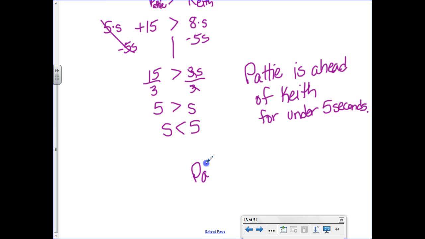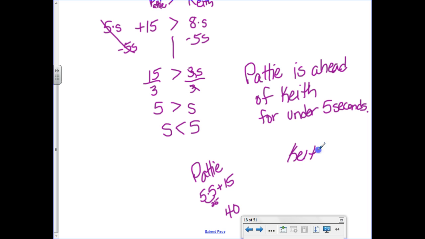Remember what Patty's rate was? Patty was 5 times the seconds. Let's put 5 seconds in, and then she had that 15-foot head start. Let's see, that's 25 plus 15. She'd be at 40 feet from the starting point at exactly 5 seconds.